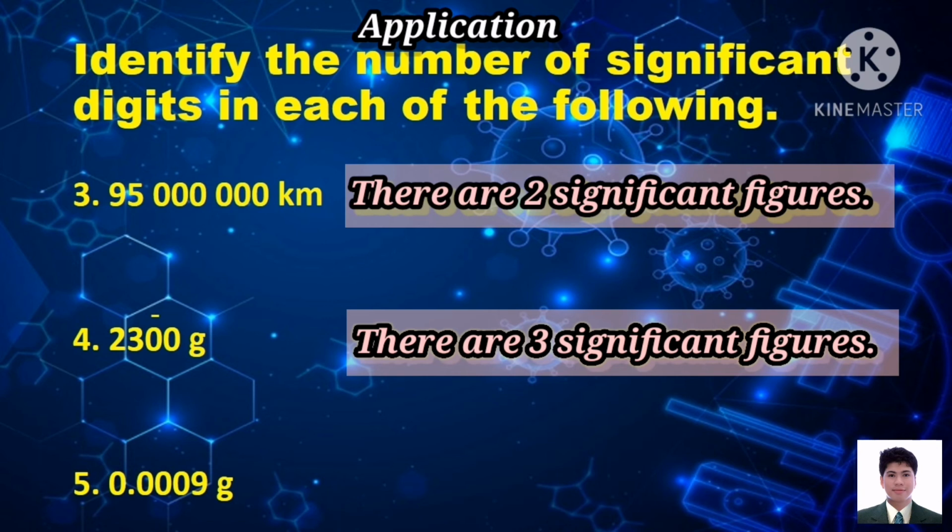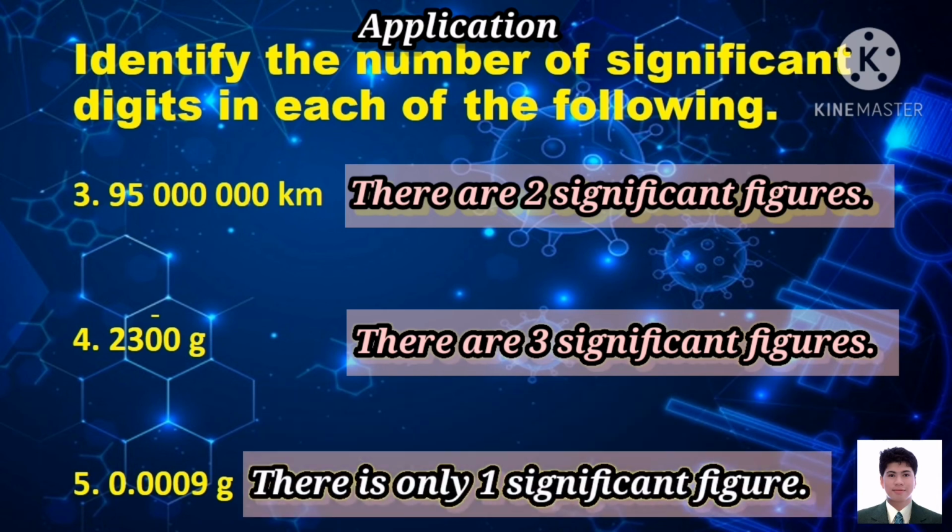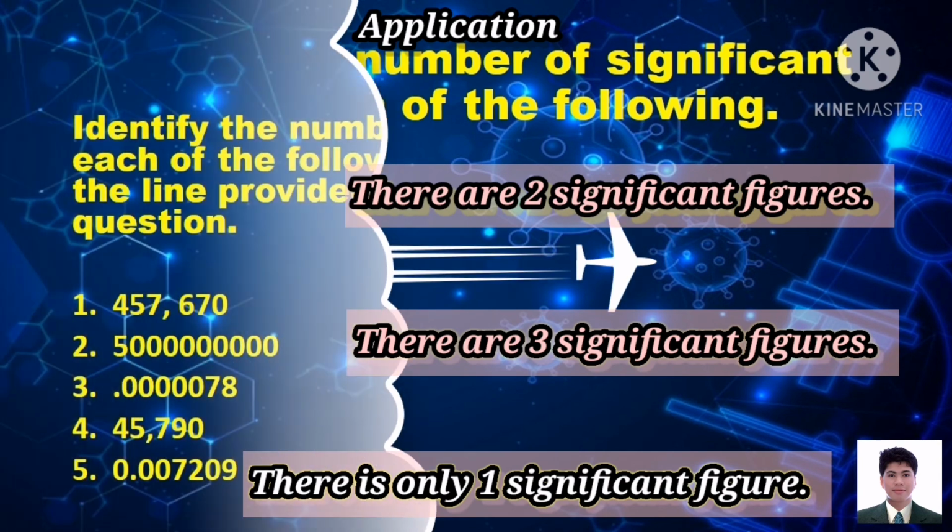In number 5, how many significant figures are there in 0.009 grams? So learners, what is your answer? Brilliant. The correct answer, there is only one significant figure.